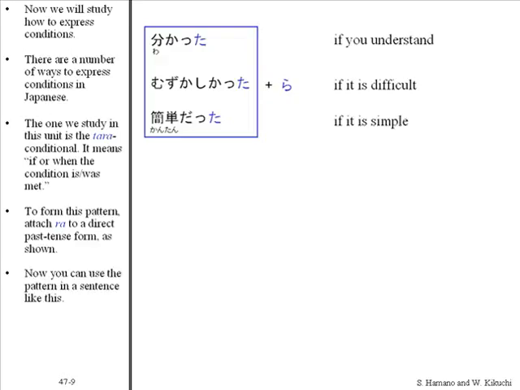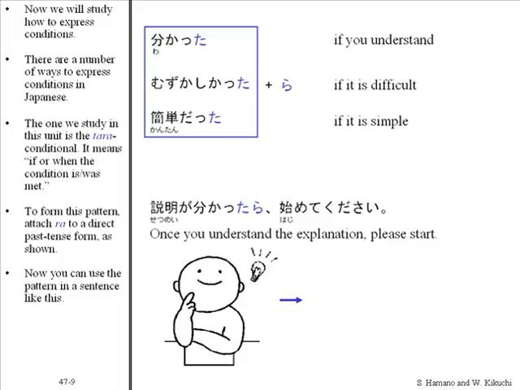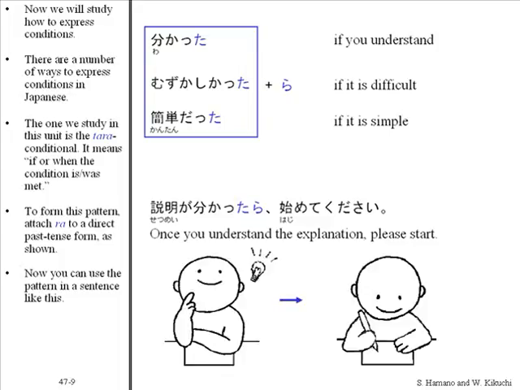Now you can use the pattern in a sentence like this. 説明がわかったら始めてください。This sentence gets a reading once something happens.